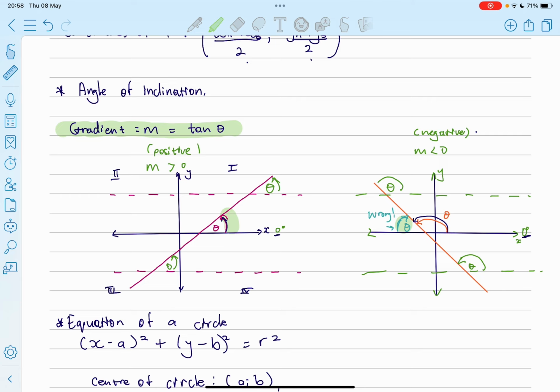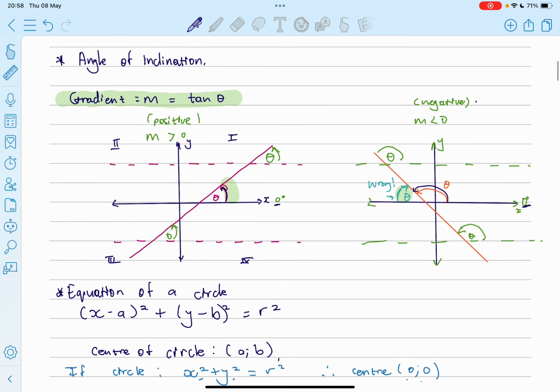You can still use that one. However, when you then want to calculate your gradient, the theta that you will be using will be 180 degrees minus that theta. That's then the angle that you use, because as you can see, with a negative gradient, you get a much wider angle.